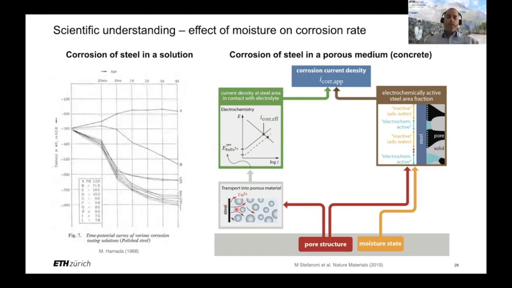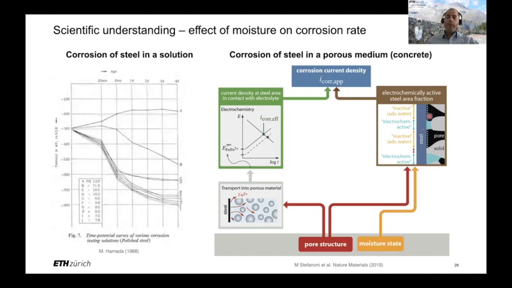On the other hand, the pore structure also has an influence because, as I said initially, it determines how much moisture can be retained in the pore system. So together with the moisture exposure conditions, we can explain how much of the steel surface actually is in contact with liquid water, because if we are below saturation, some of the pores will be filled with air, and those zones are where the steel is at best in contact with an adsorbed layer of water, which, as I said earlier, does not really allow for fast corrosion reactions to occur.